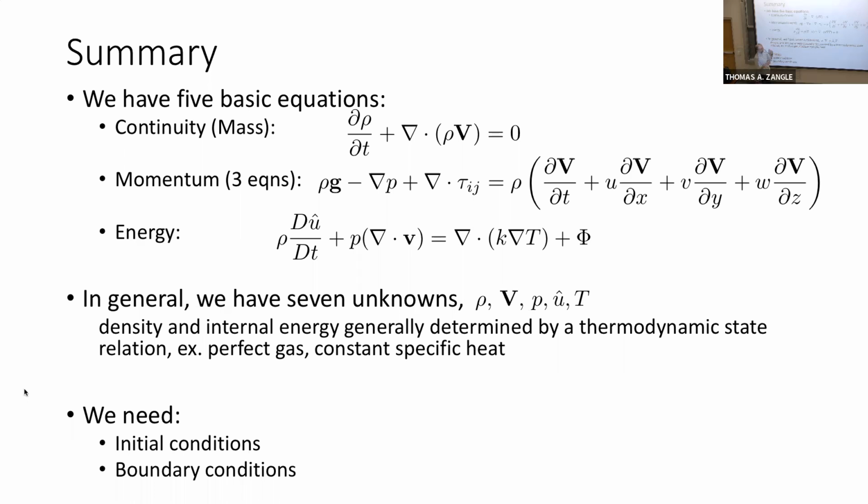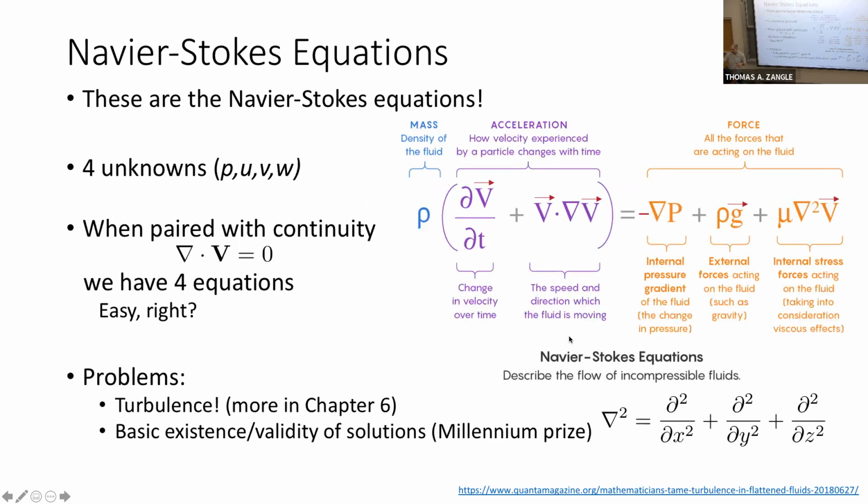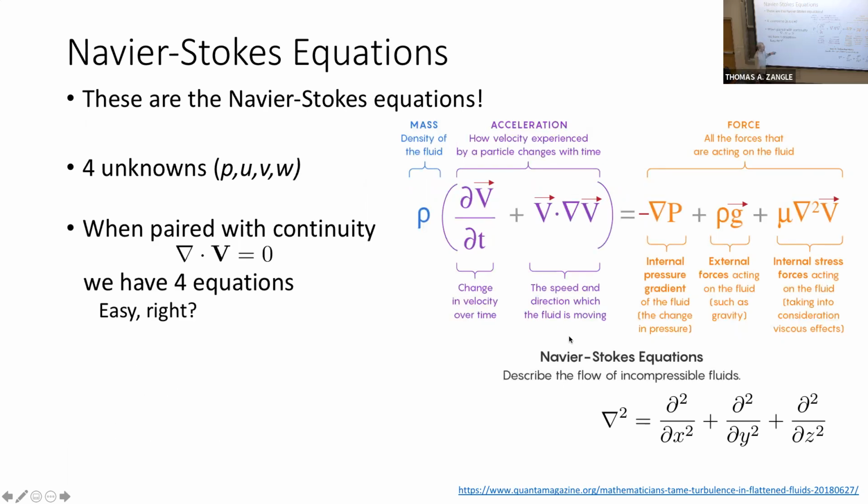Let's confine ourselves to just the Navier-Stokes. So we have the Navier-Stokes equations. We have the divergence of V equal to 0. We have our momentum balance, Navier-Stokes. 4 equations, 4 unknowns.